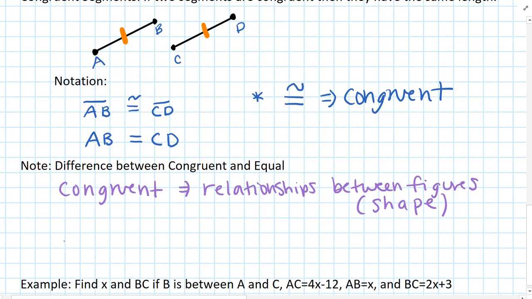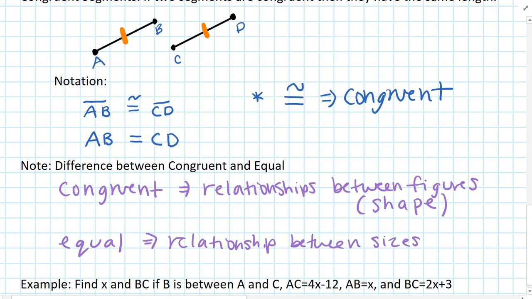And then we use equal when we're talking about the relationship between sizes. So in general, that's going to be when we're talking about numbers.